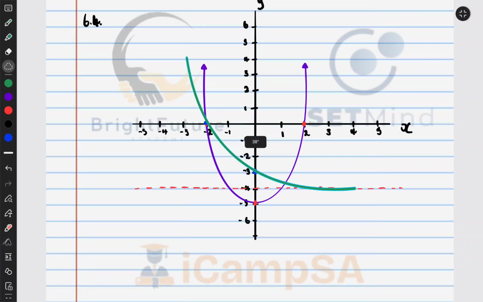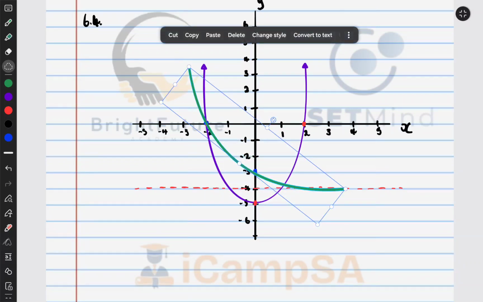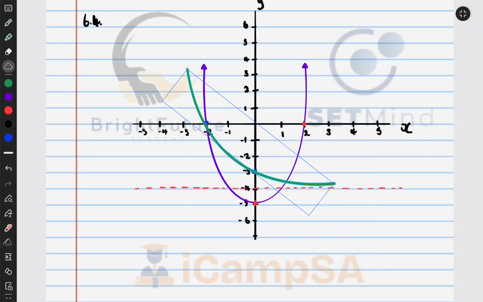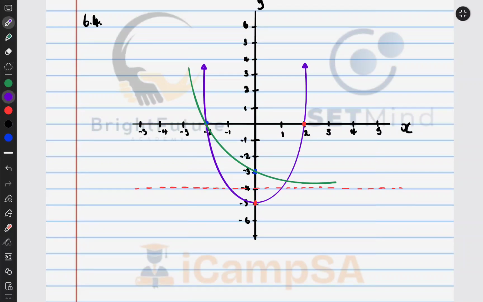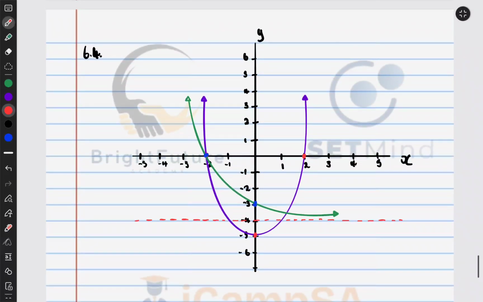And we see slightly so. Yes, so the function is going to be like that. Okay, this will be our function, and we were asked to label the function.